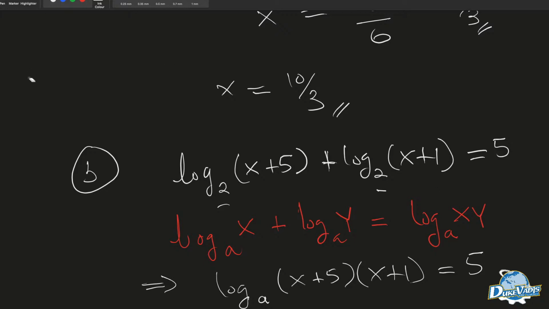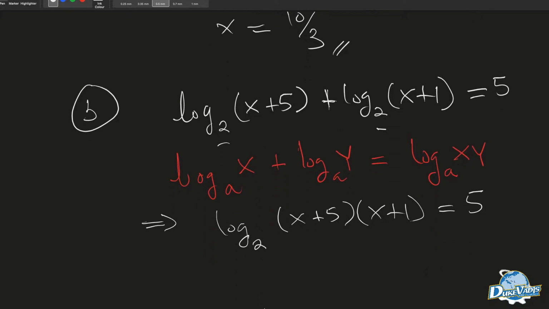Our base given was 2, so when we put the 2 back there, this is what we have. All we have to do is apply this principle. I will write it down again. Log to the base b of t equals, let's say, B. It can be written as t equals b raised to the power capital B. You get it?